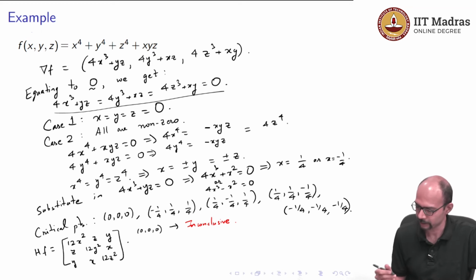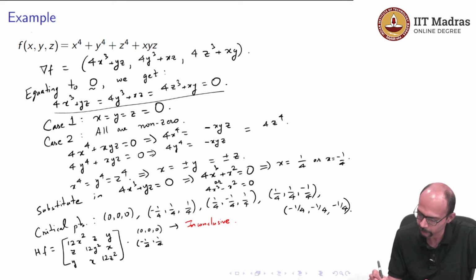What happens at the other points? And by symmetry, for these three at least we should get the same thing, and then we have to check (-1/4, -1/4, -1/4). So, let us check (-1/4, 1/4, 1/4).